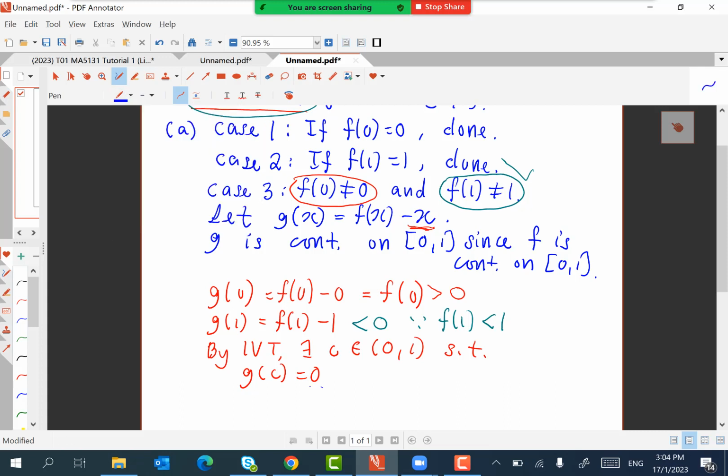Because this number 0 is sandwiched between something positive and something negative. You know what I mean? That's why I can say there is a c such that g(c) equals 0, and this in turn implies that f(c) minus c is equal to 0, and therefore f(c) equals c.